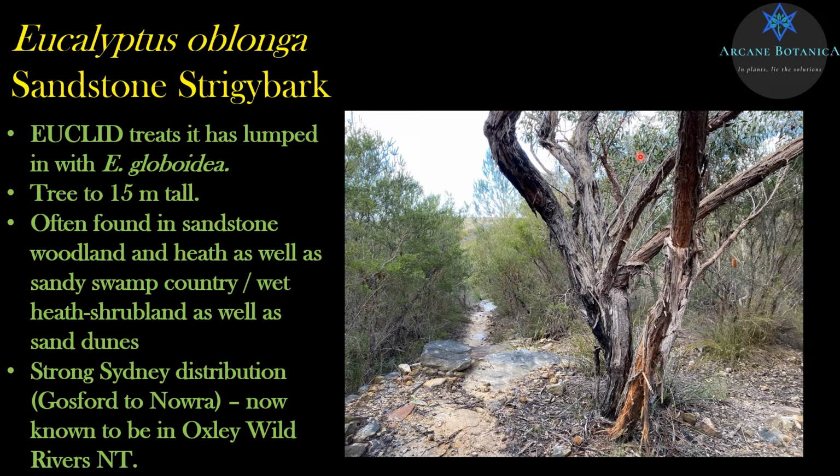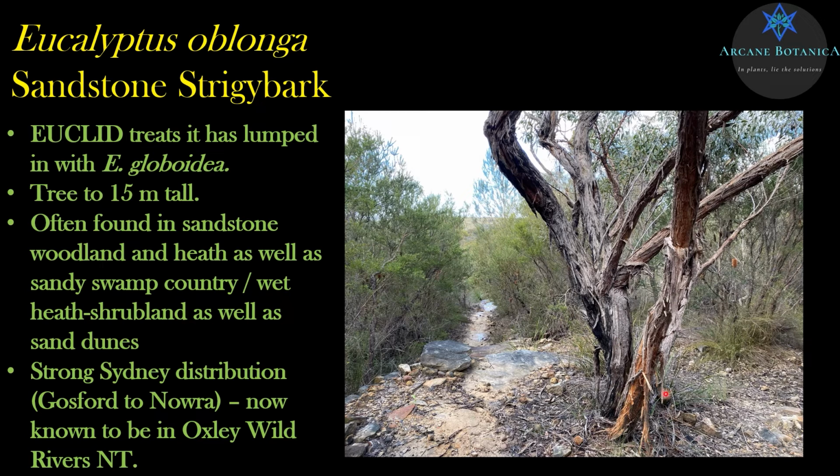The fruits are smaller, and it just tends to hang out in these wetter, sandstone heathy areas in this part of the world anyway. And where I think I've seen oblonga historically, it's near a wet heath or close to a wet heath. That might not be the case all the time, but that's what I associate it with.